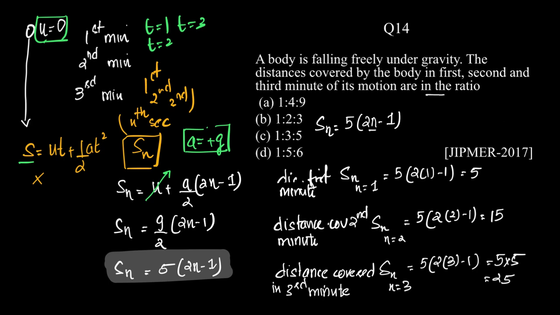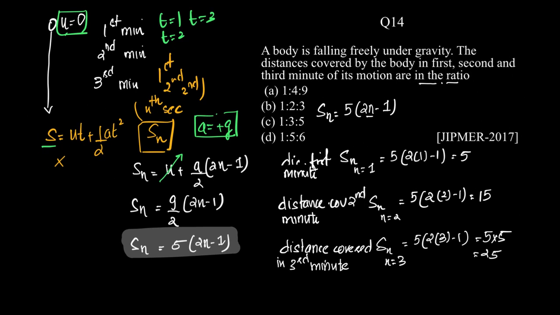Now we've been asked to find out this ratio. So what is the ratio? The ratio is S1 to S2 to S3 is equal to 5 is to 15 is to 25, which is equal to 1 is to 3 is to 5, which makes the correct option as option C.